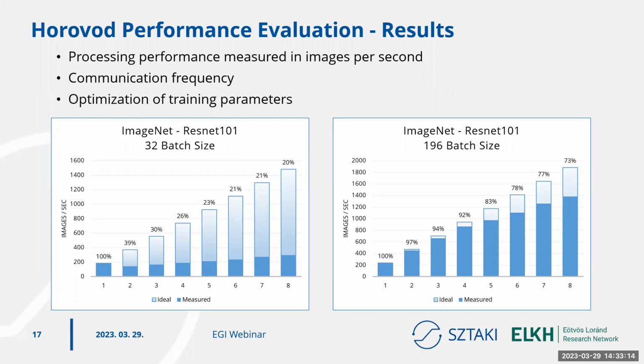So by increasing the batch size, we made the communication less frequent, the workers perform more work individually, and so we have achieved a much greater scaling efficiency. So basically here, achieving great performance was a question of optimizing the training parameters.